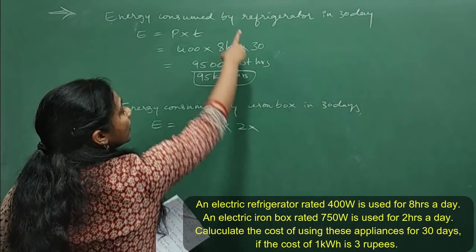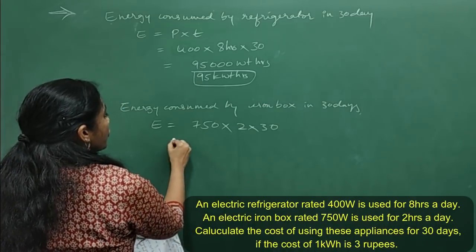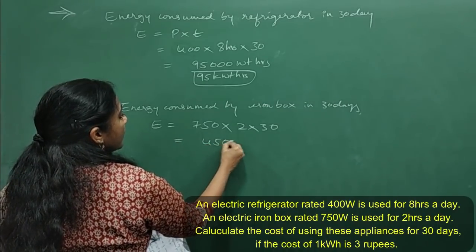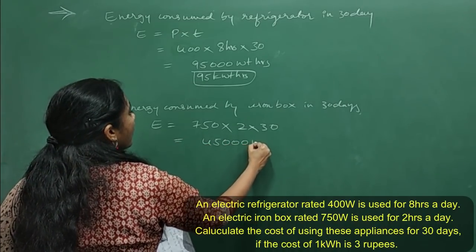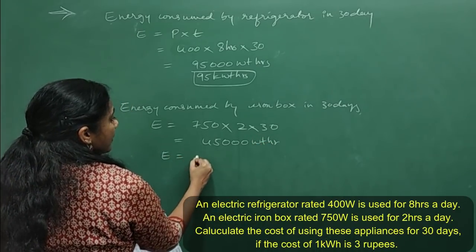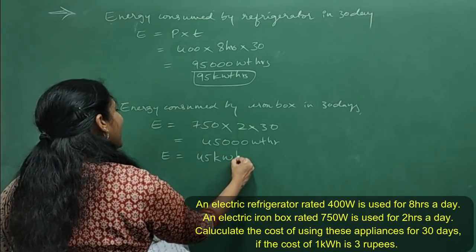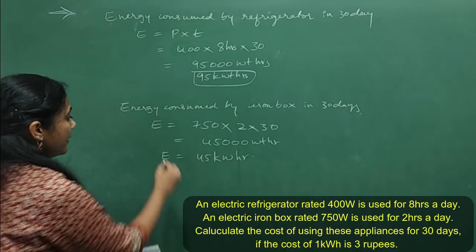So 2 into in how many days? 30 days, isn't it? So 30. So you would be getting around 45,000 watt hour, right? So that means your energy is equal to 45 kilowatt hour I can write, isn't it?